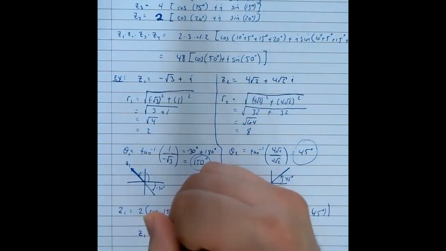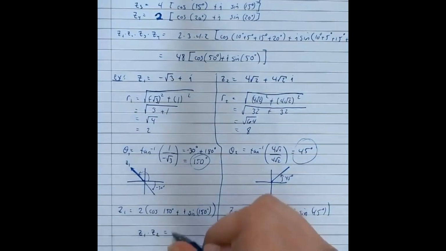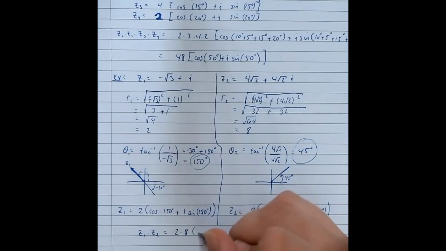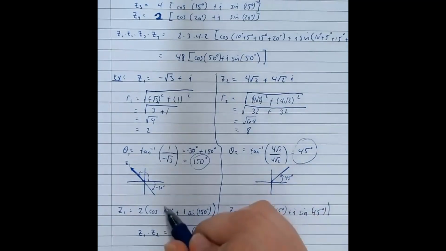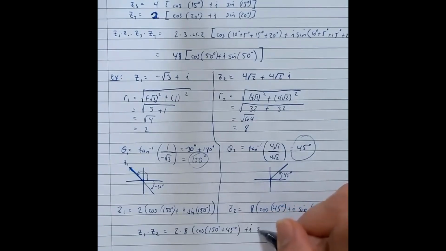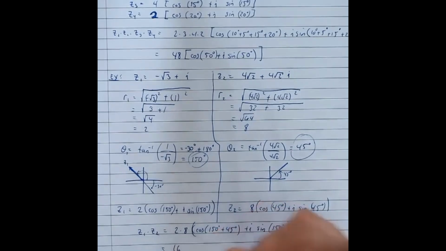Here, Z1 times Z2 is going to equal, well, we're going to multiply our two moduli, that's 2 times 8, times the cosine of, now I'm going to add my two arguments, 150 degrees plus 45 degrees, and same thing over here, plus I sine of 150 degrees plus 45 degrees, which will give us, well, 2 times 8 is 16.